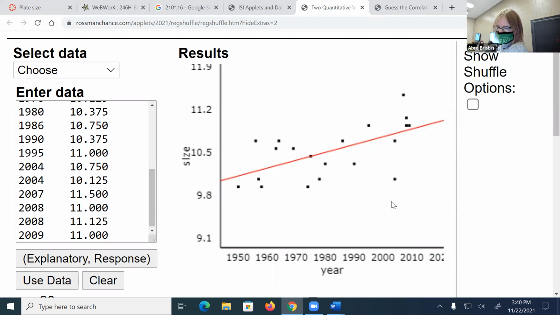I heard some discussion about maybe this point being an unusual observation, which I think is a reasonable thing to say, but in general, it's not that far off of the trend of the rest of the points. So I wouldn't be too worried about that point.